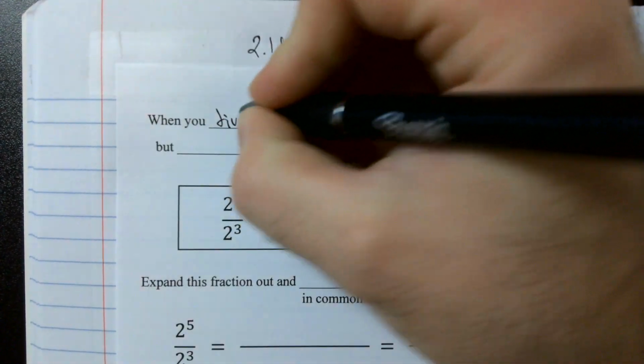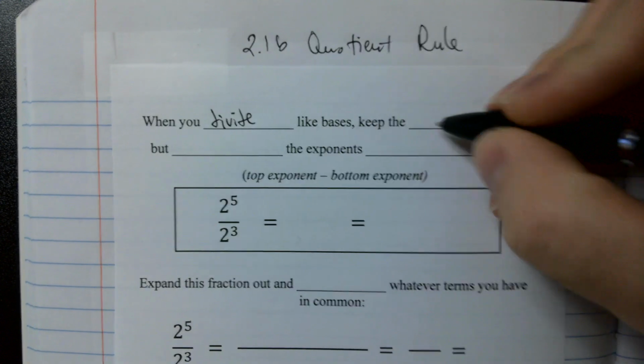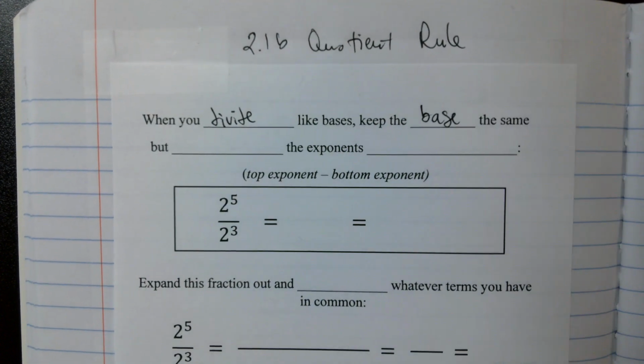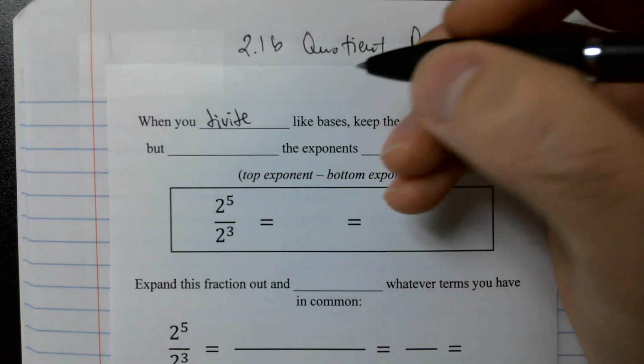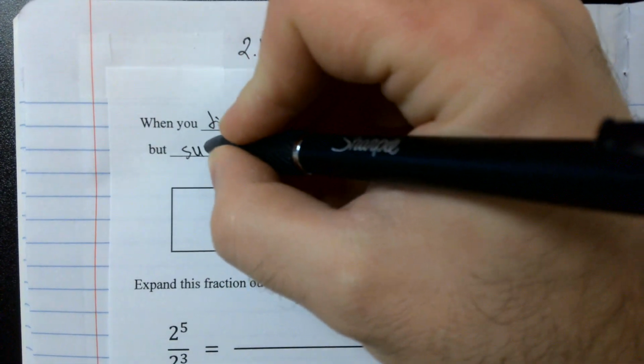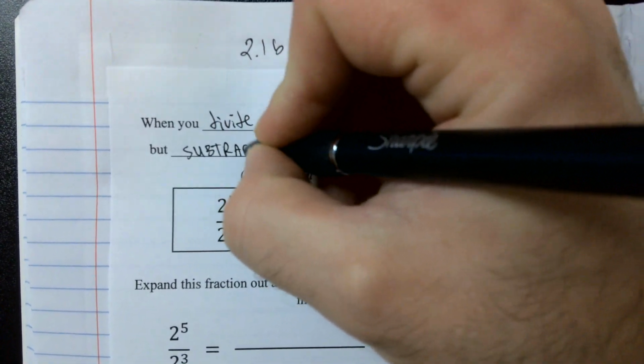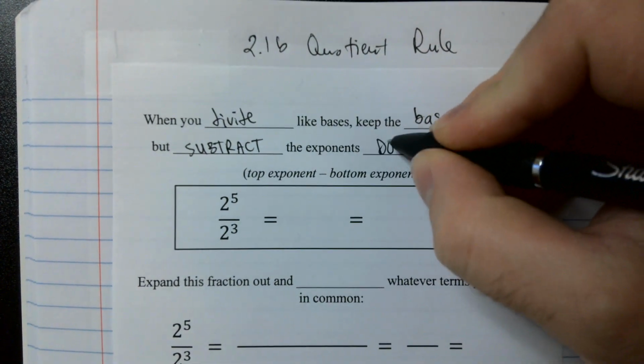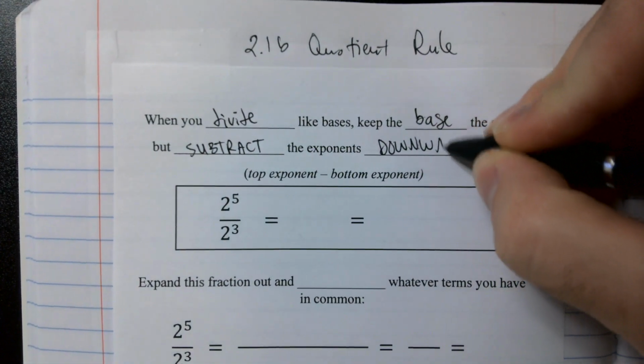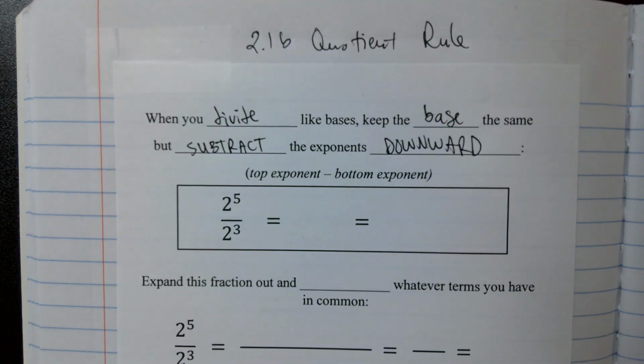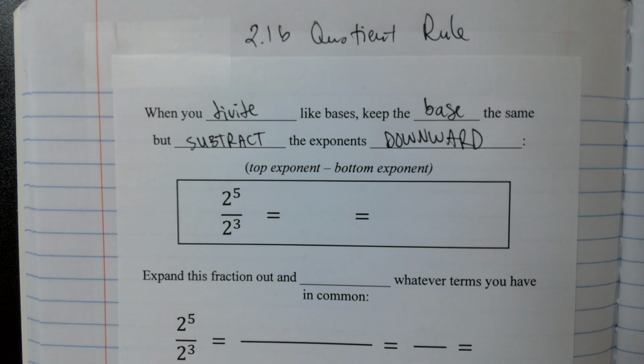When you divide like bases, just like before, you keep the base the same, but now you're going to subtract the exponents downward. And this is important. We're subtracting downward.